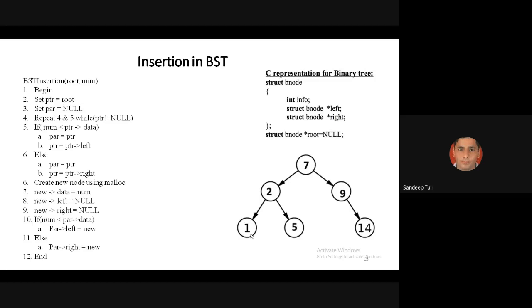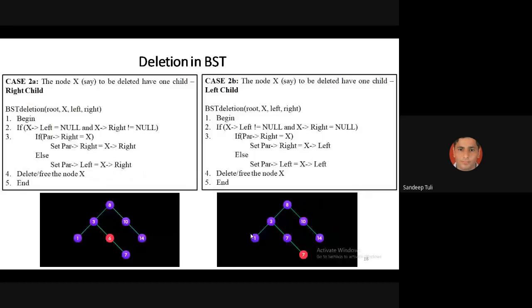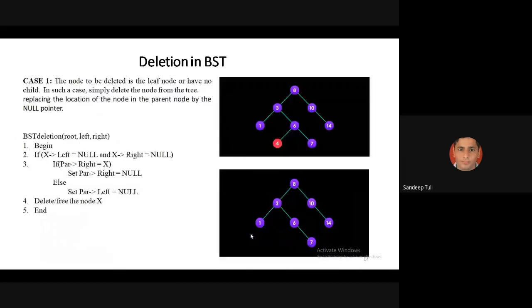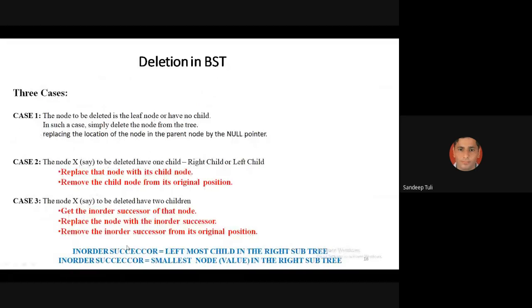So in in order, the leftmost node is always the smallest one. This is another way to identify the in order successor: it will be either the leftmost child of the right subtree, or the smallest node or value in the right subtree.